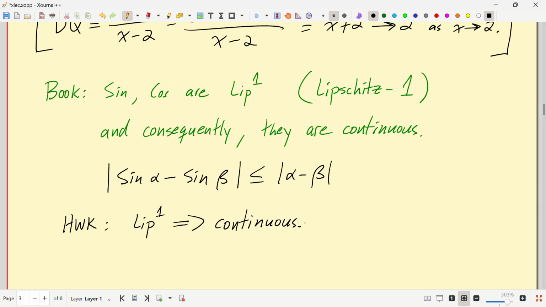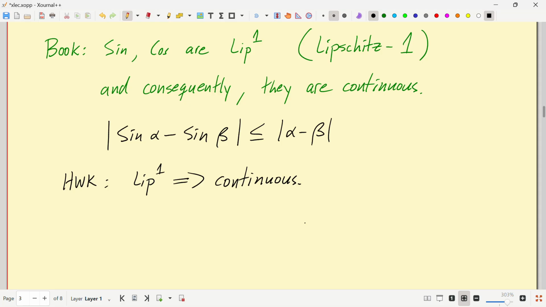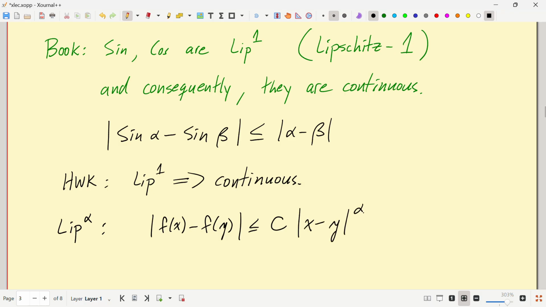Normally when there's a Lipschitz estimate like that inequality, there could be a constant in front. So here's what Lip alpha means. It means that the absolute value of f of x minus f of y is less than or equal to a constant times the absolute value of x minus y to the alpha.